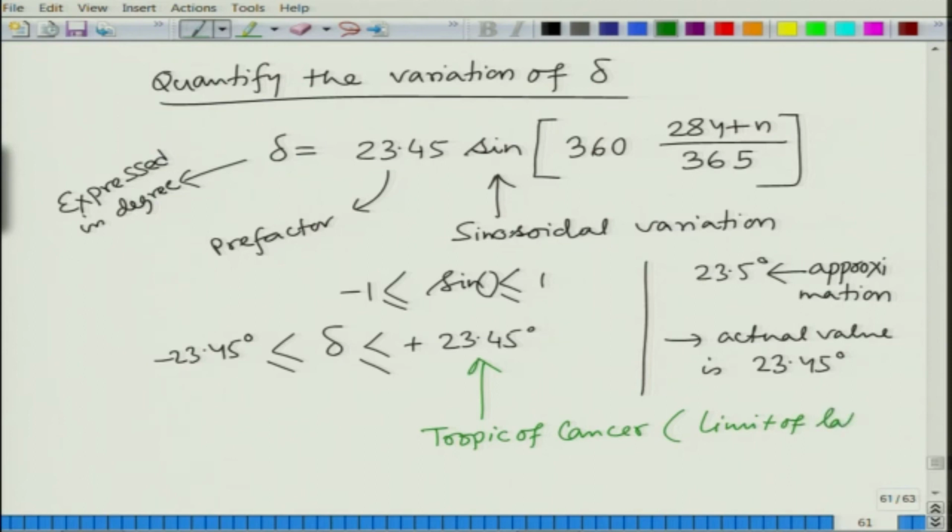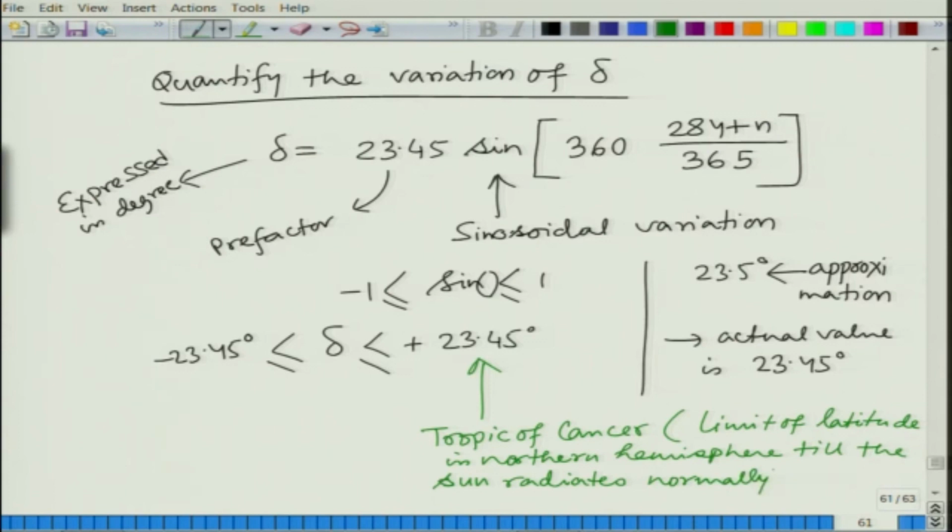So, this is the limit of latitude in the northern hemisphere till the sun radiates normally. And that is why we call it Tropic of Cancer.